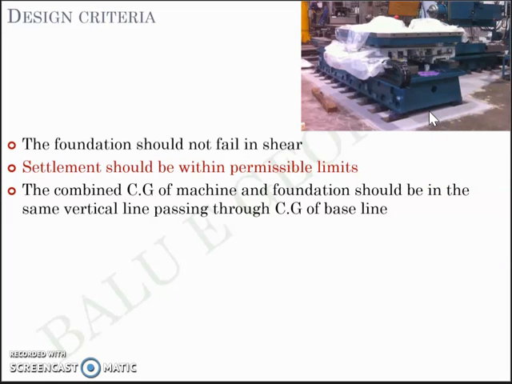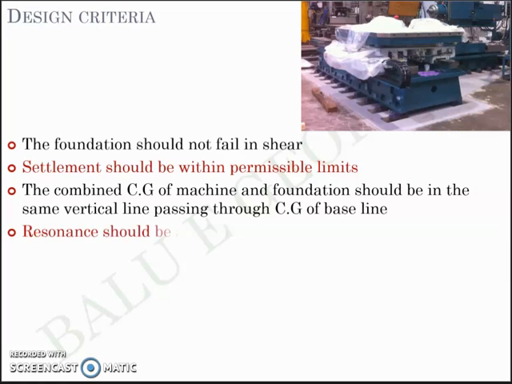So the combined center of gravity of the machine and its foundation should pass through the same vertical line as that of the center of gravity of the base, which means there should not be an eccentricity. It should be in the same plumb line. If there's an eccentricity, it will create a moment and it will result in cracks.